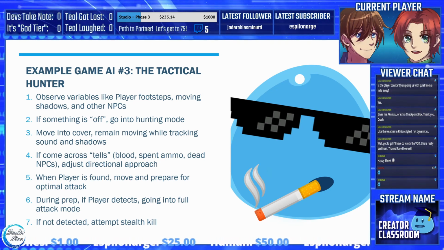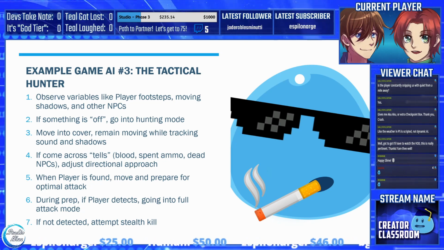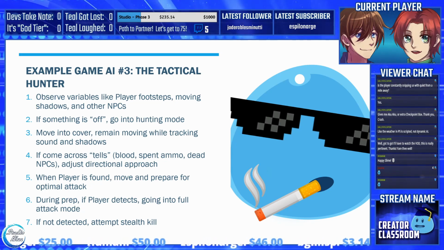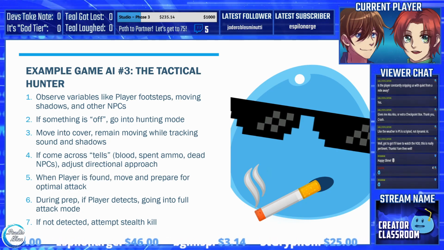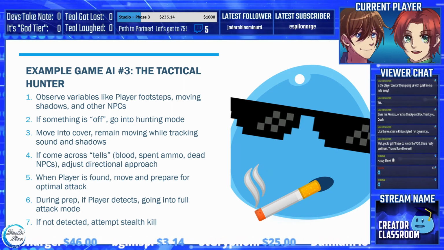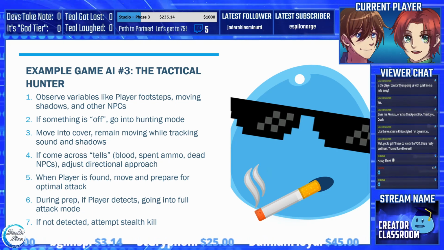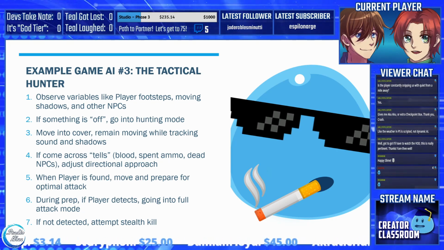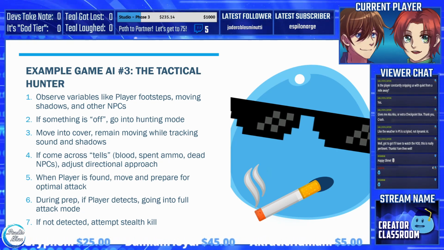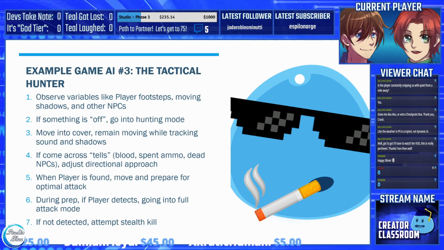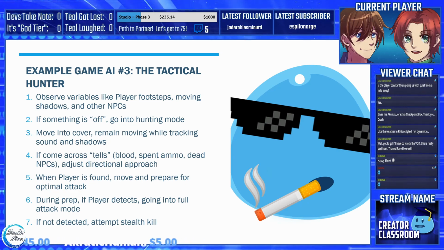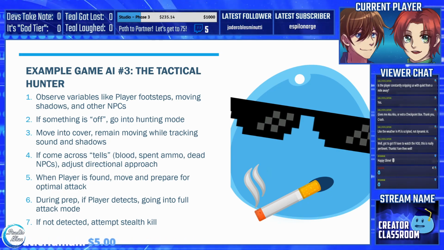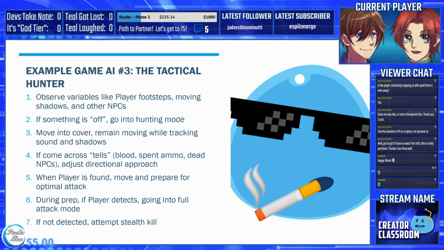Yes, or an ally to our hunter enemy is found dead, or a bloodstain. Then it goes into hunting mode. As soon as it does, the algorithm will have the enemy move into cover and remain in motion, because a moving target's harder to hit, while tracking those sounds, shadows, and rustling branches, and moving around trying to locate the player.